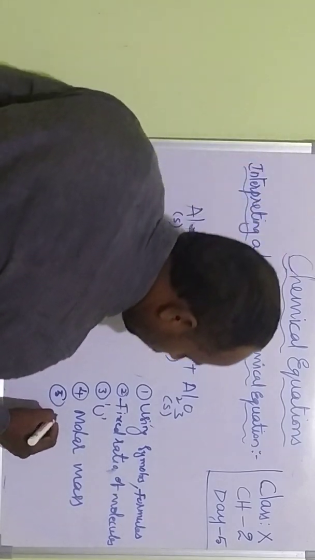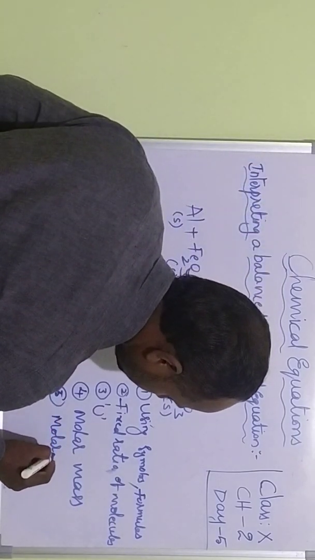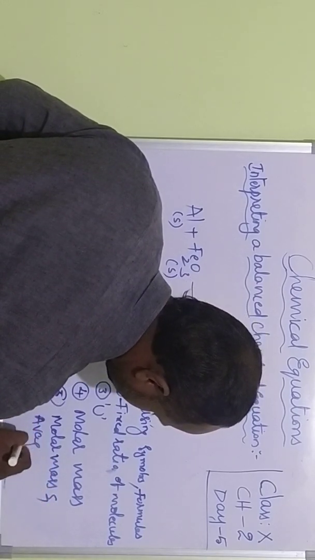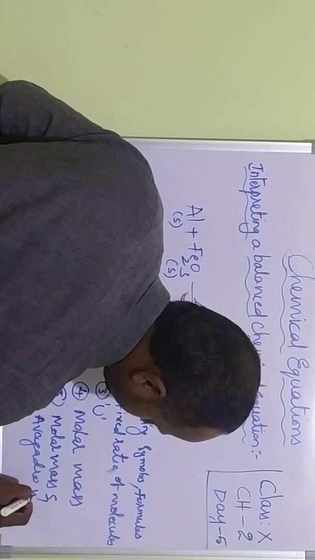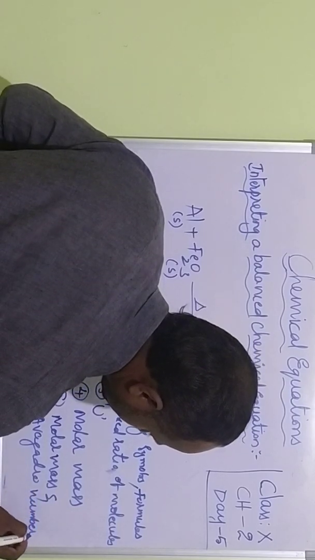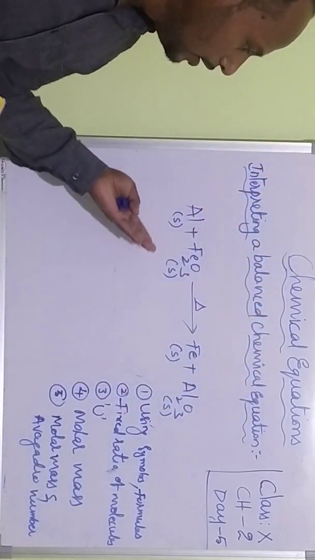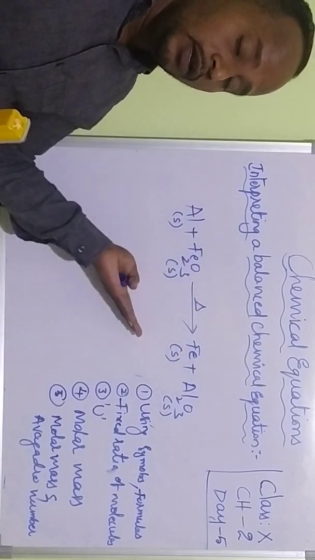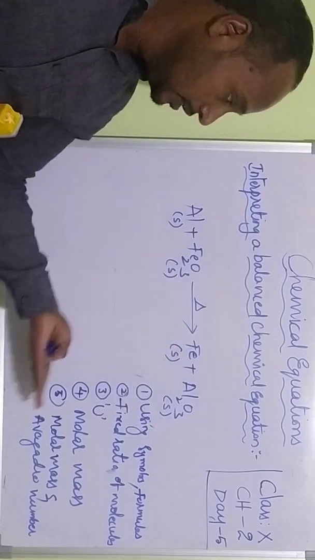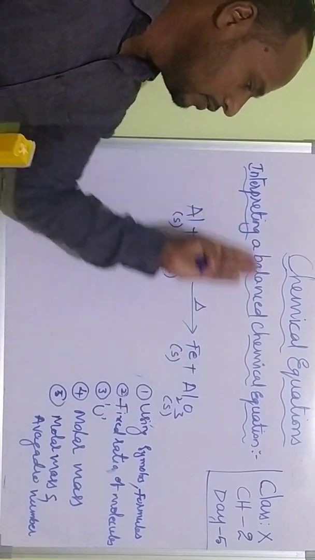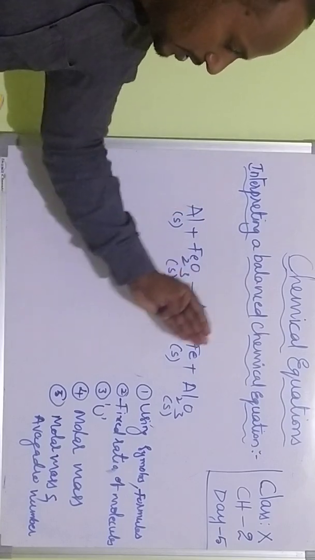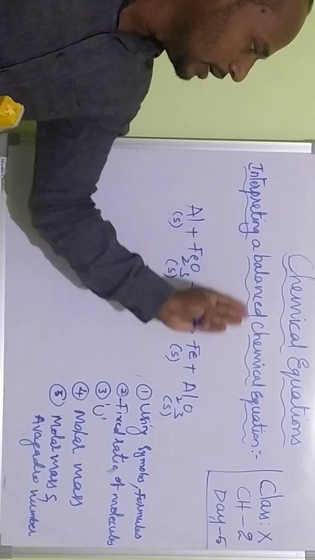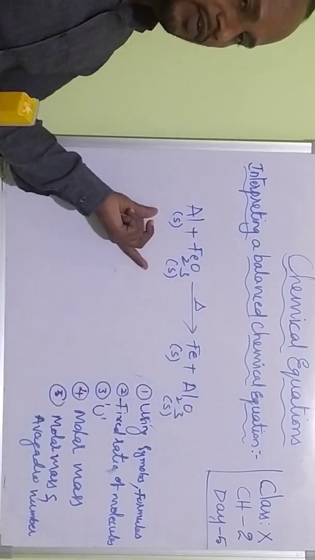So using molar mass and Avogadro number, we can identify the number of molecules participating, otherwise the number of atoms of the molecules of various substances present in the reaction. So by using these data, we can interpret balanced chemical equations. See here, this is one equation only.